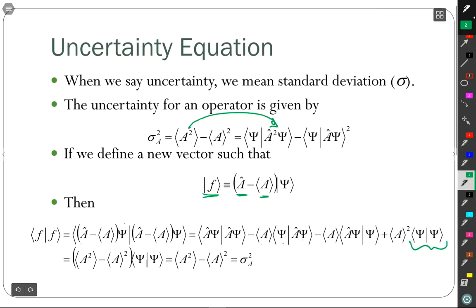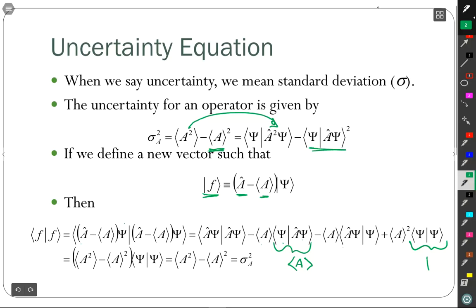What is this always equal to? That's 1, because my psi has to be normalized. So that's 1. And what is this going to be? Well, it's the expectation value of A. Right, just like right here.